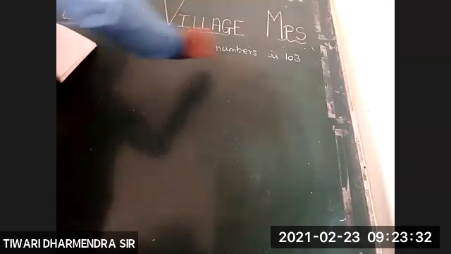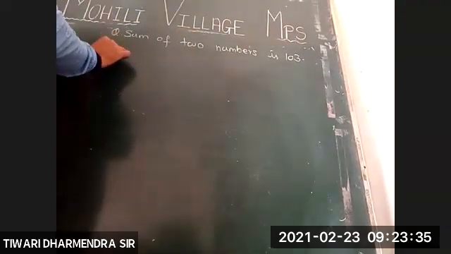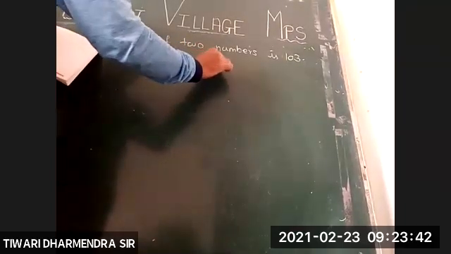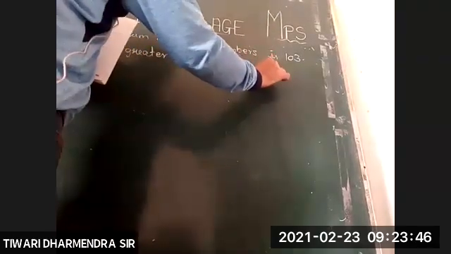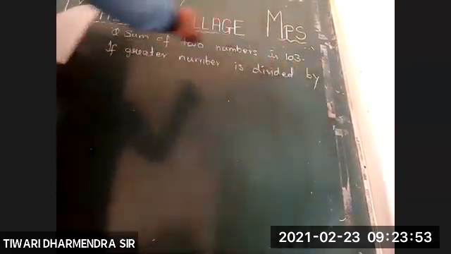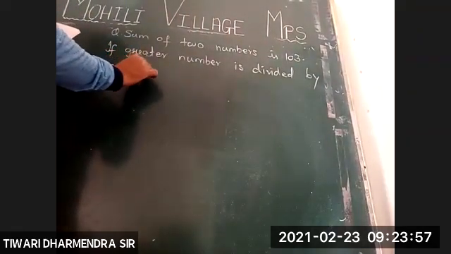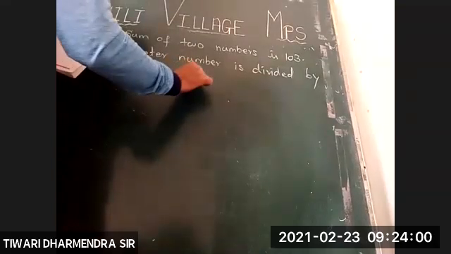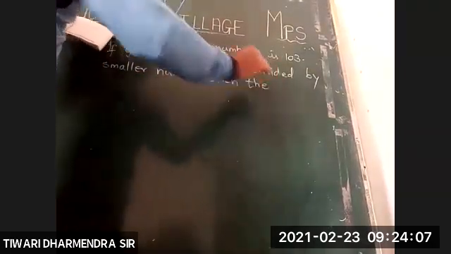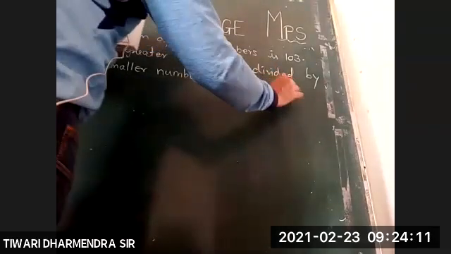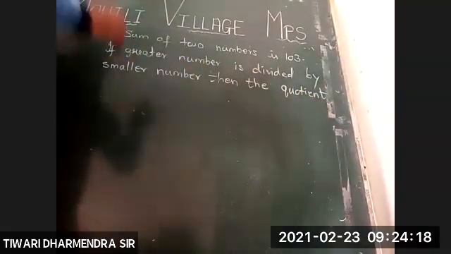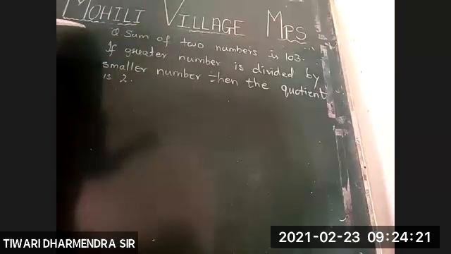If the greater number is divided by the smaller number, then the quotient is 2 and the remainder is 19.